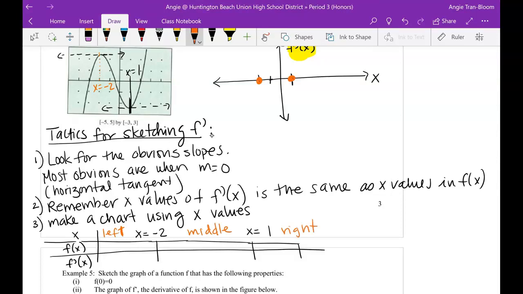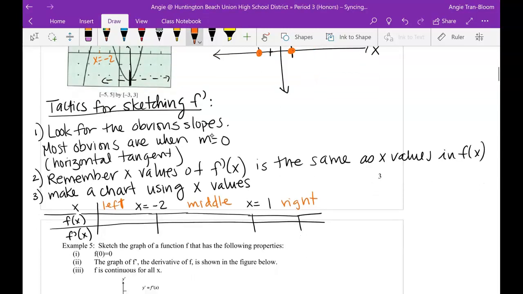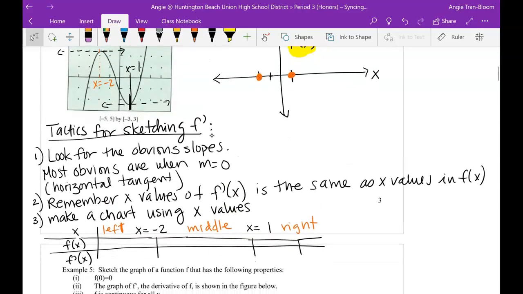What am I trying to do? As you can see, on the left side of -2, is your original function increasing or decreasing? It's increasing.